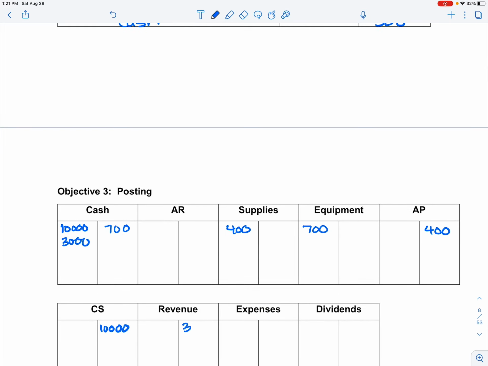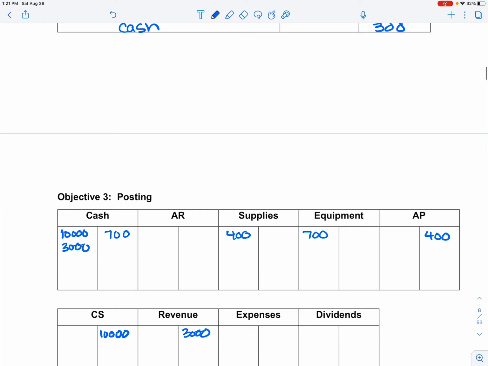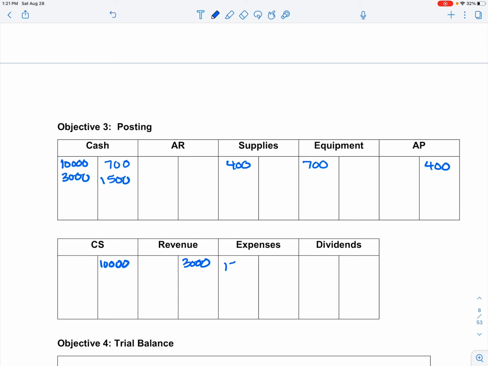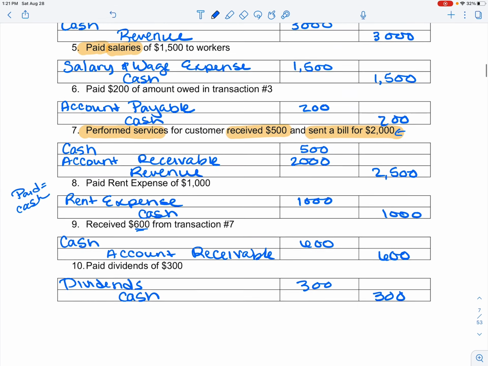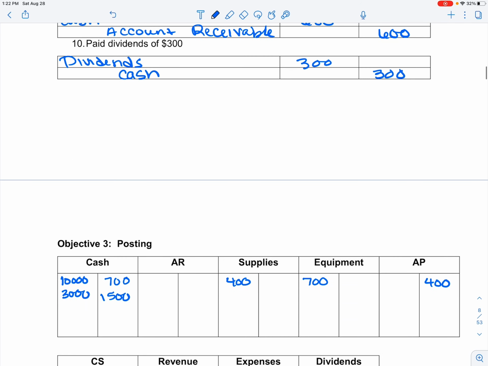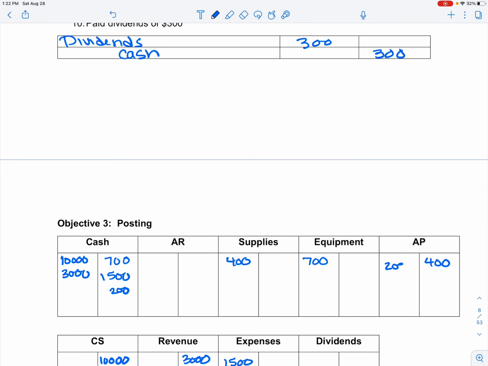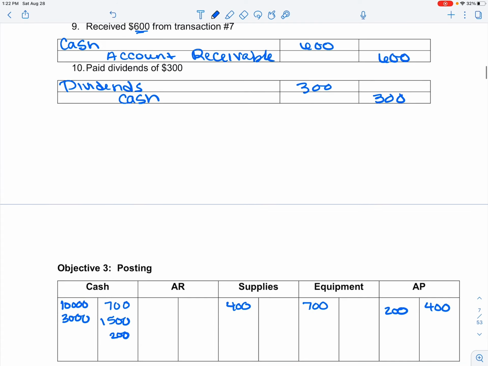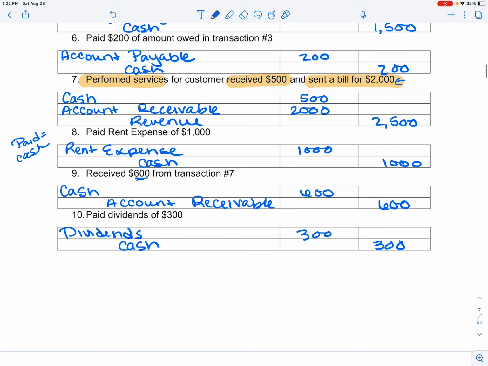Okay, now I'm on number 5. We paid some salaries. So that's my salary and wage expense and cash. And then I have my accounts payable and cash. So you notice here, whoops, yeah, that's right. My accounts payable, it's okay that I have that debit there because that's just decreasing the amount I owe.